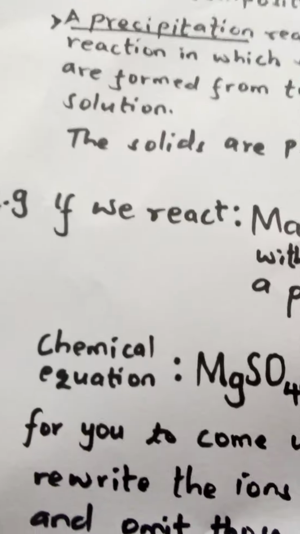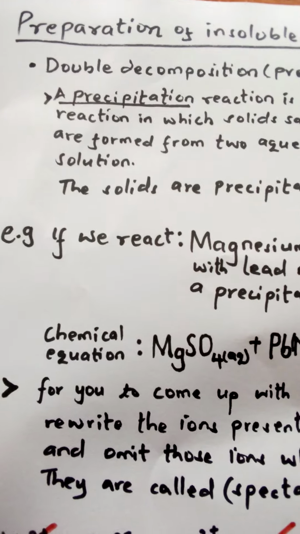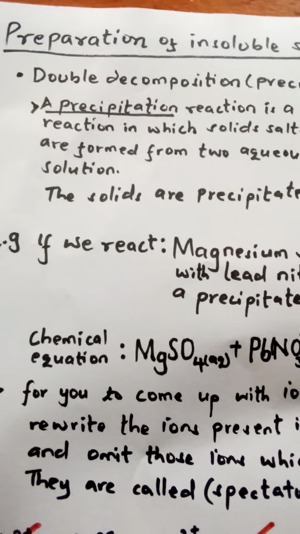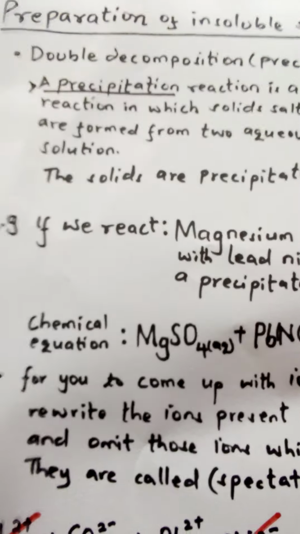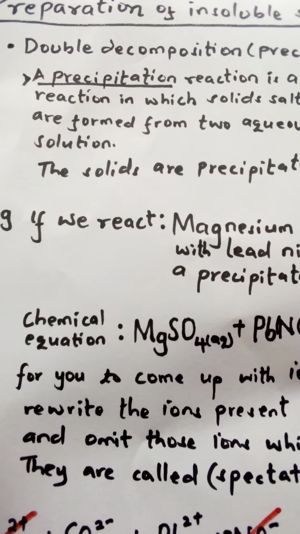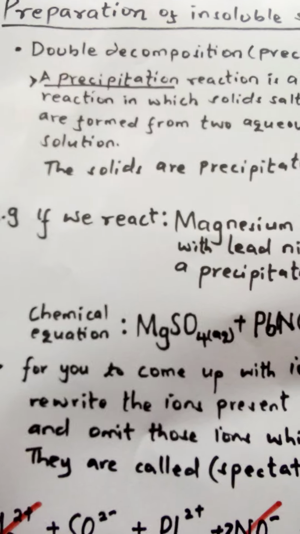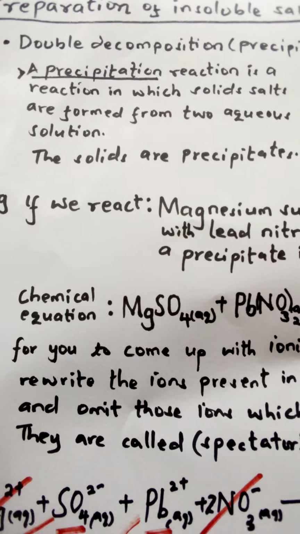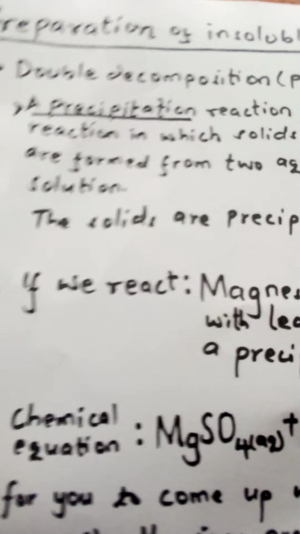For the introduction of this topic of salt, we say that a salt is an ionic compound which is formed when hydrogen ions in an acid are partially or wholly replaced by a positively charged ion, that is either a metal ion or an ammonium ion. So this insoluble salt can be prepared.